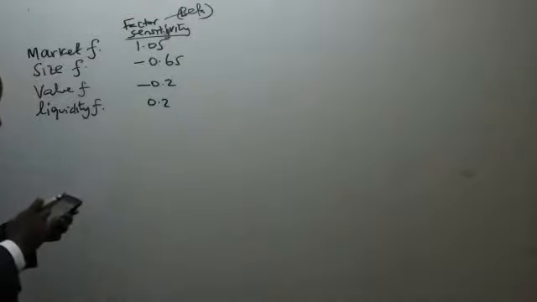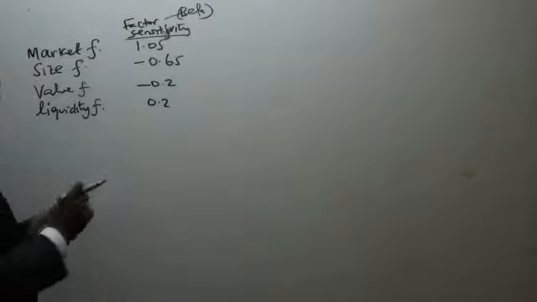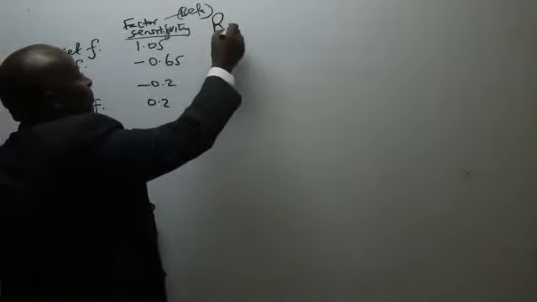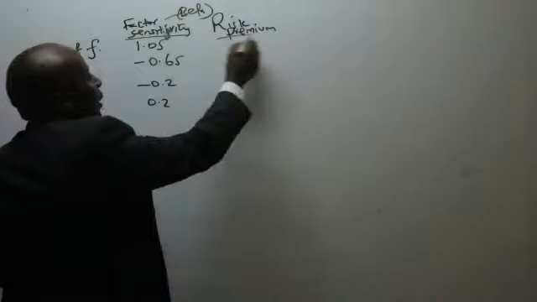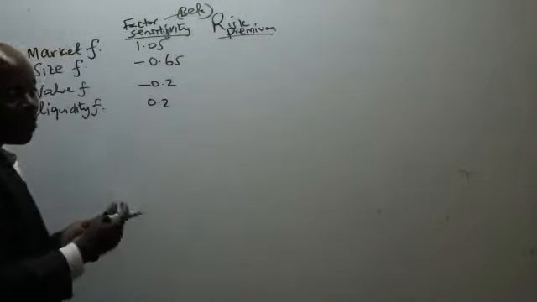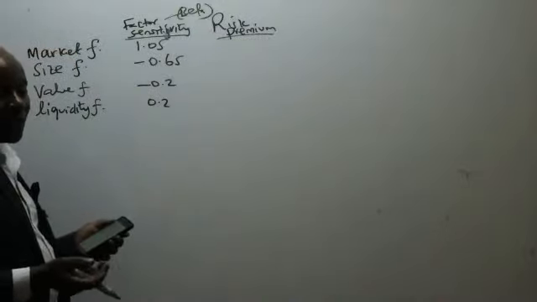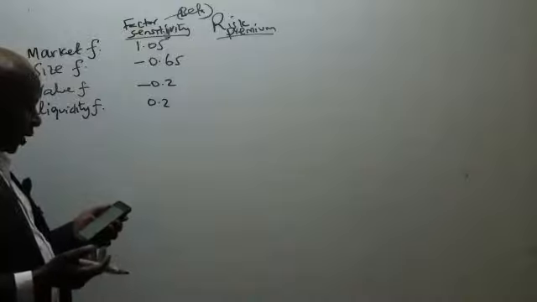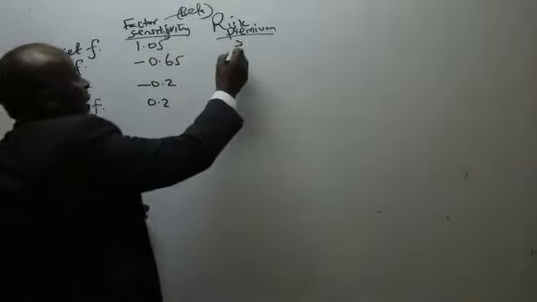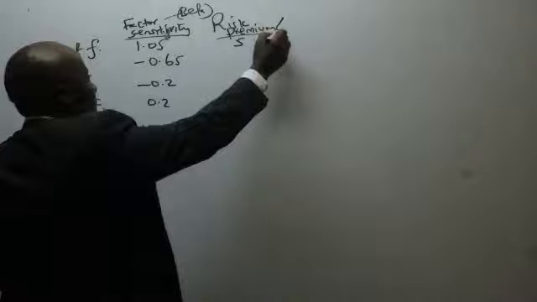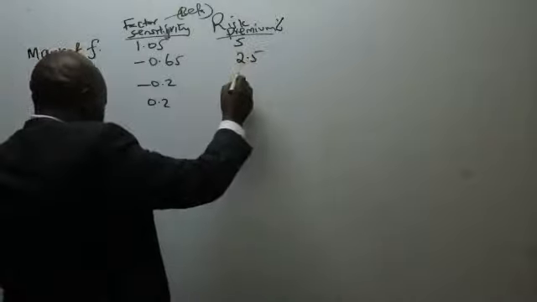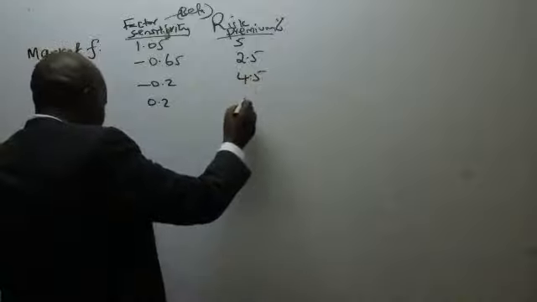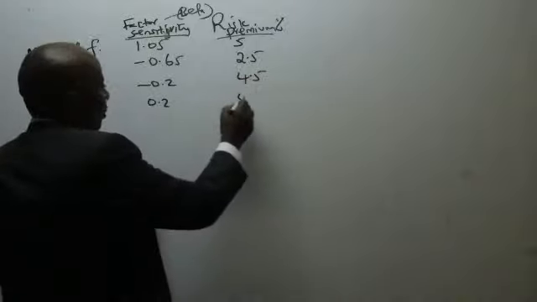So basically they have given us the beta factors, and then we have the risk premium, meaning that they have already subtracted for us. So we have here 5%, 2.5%, 4.5%, and lastly 4.5%.